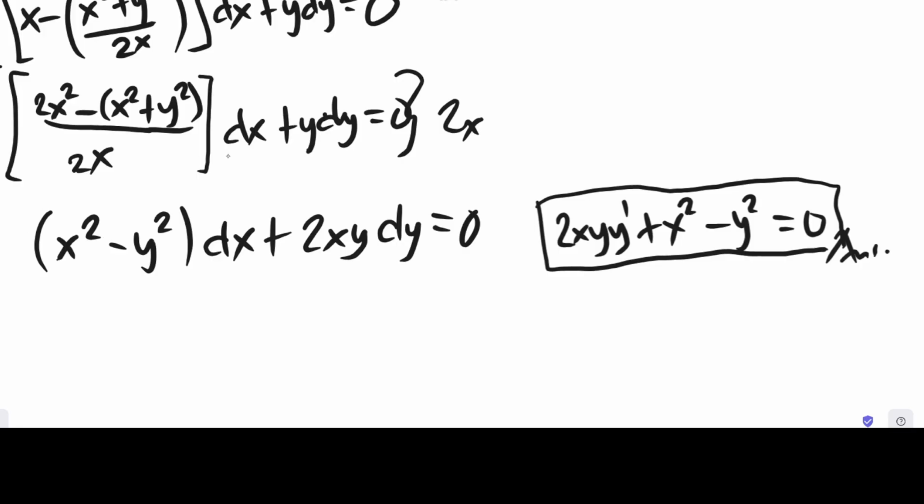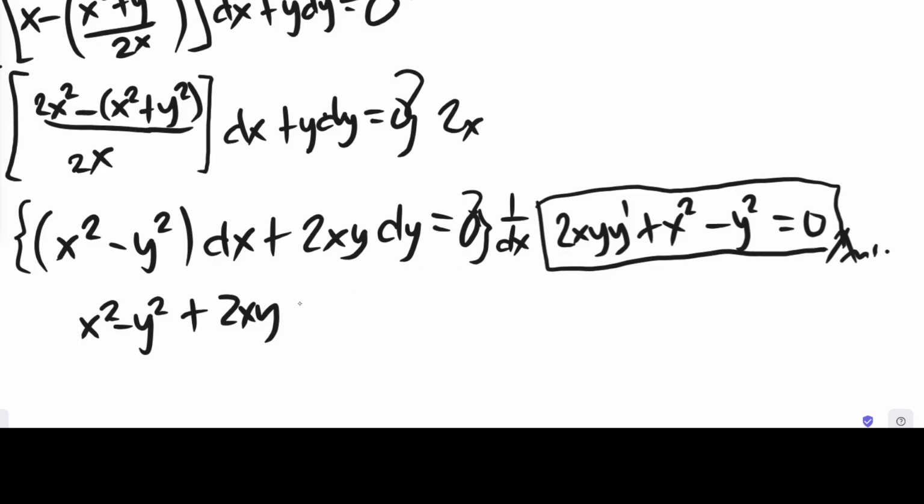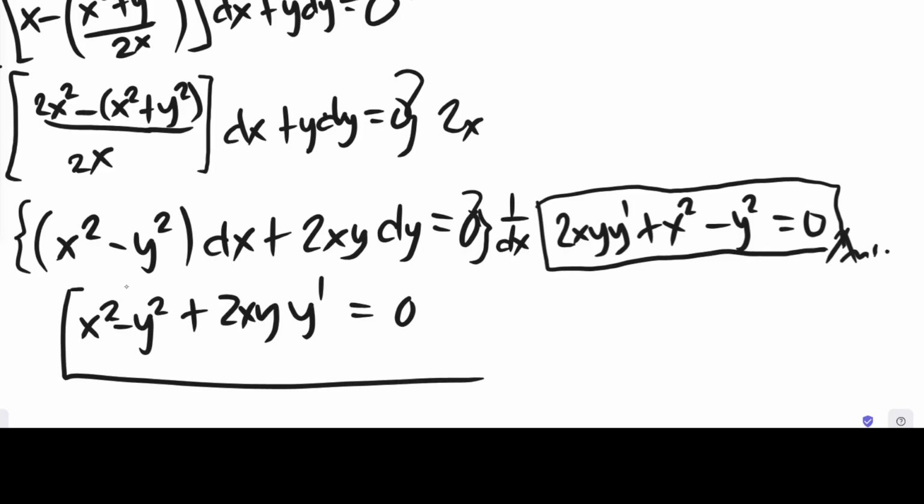But again, recall that when we divide the whole equation by dx, the dx will be cancelled, so x squared minus y squared plus 2xy, then dy over dx, and dy over dx is y prime, is equal to 0. So now they look the same: x squared minus y squared plus 2xy prime is equal to 0. So that is our substitution method.